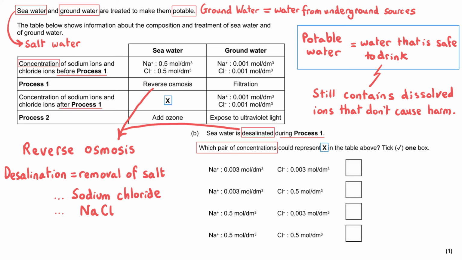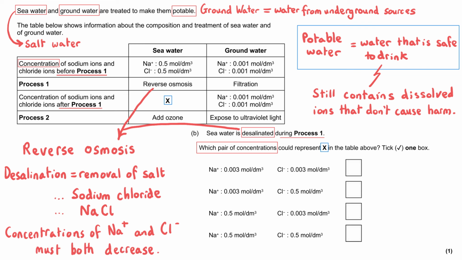And if we're removing sodium chloride, that means the sodium ion content and the chloride ion content are both going to go down. And at the beginning, the sodium and the chloride ion content is 0.5 moles per cubic decimeter. So both of these need to decrease in order for desalination to have happened. We can't remove one ion without the other during desalination.